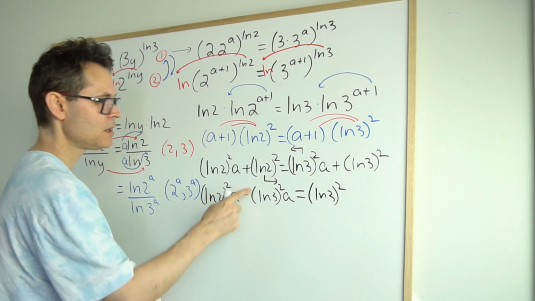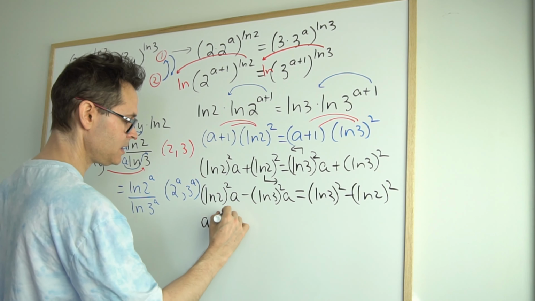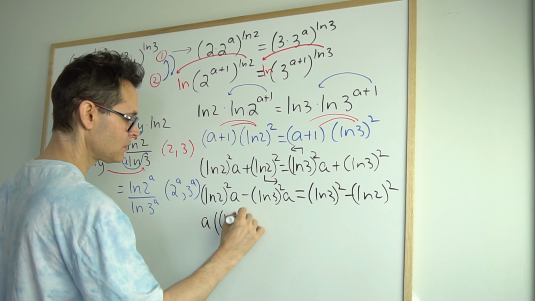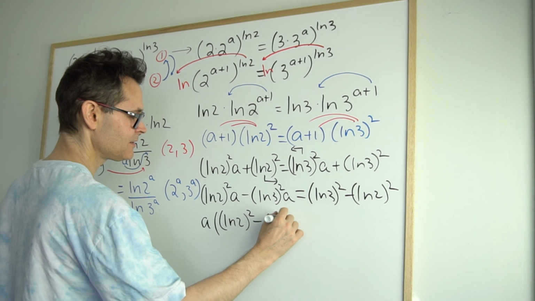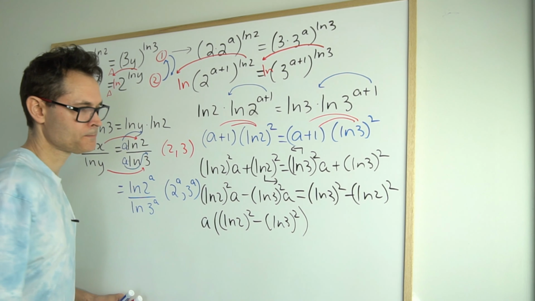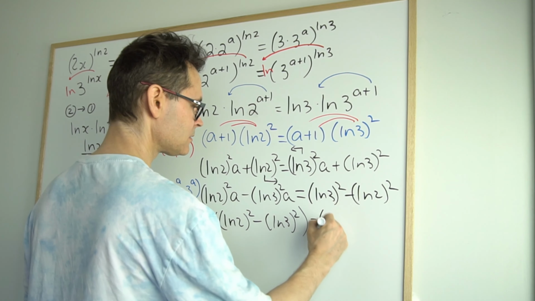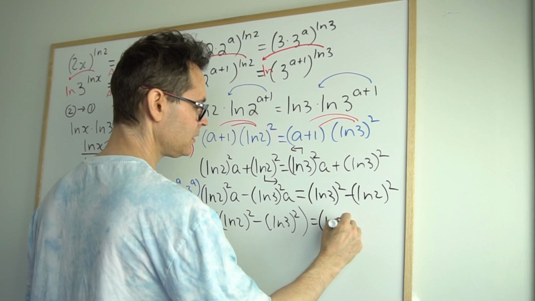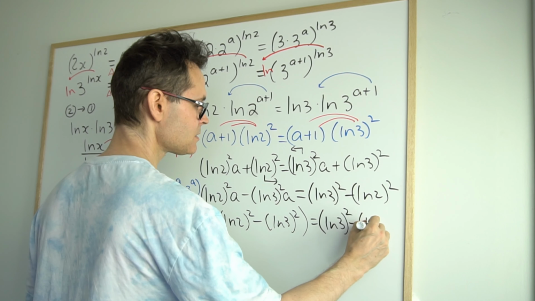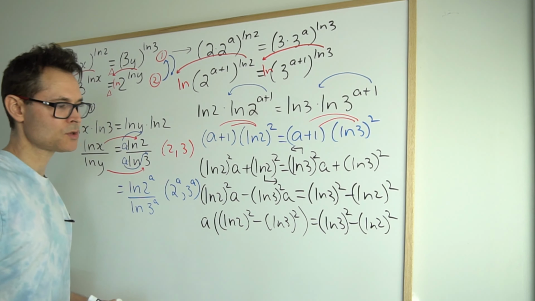Okay, this is looking pretty good because look, on the left-hand side, I could factor out the a. So that's going to give me ln 2 all squared minus ln 3 all squared equals just the right-hand side, the ln of 3 squared minus the ln of 2 squared.